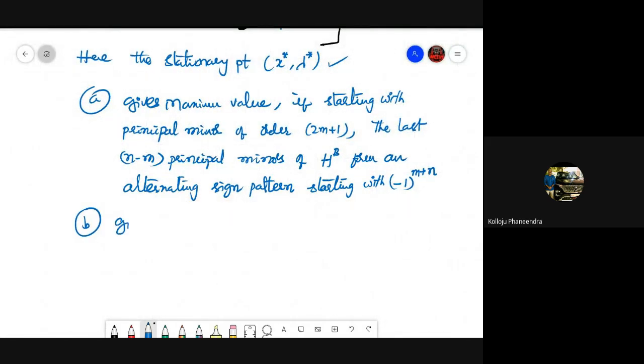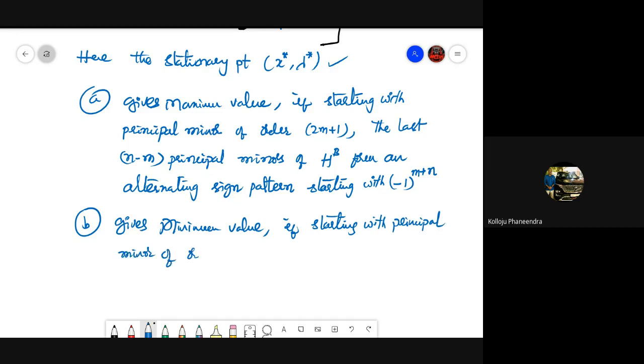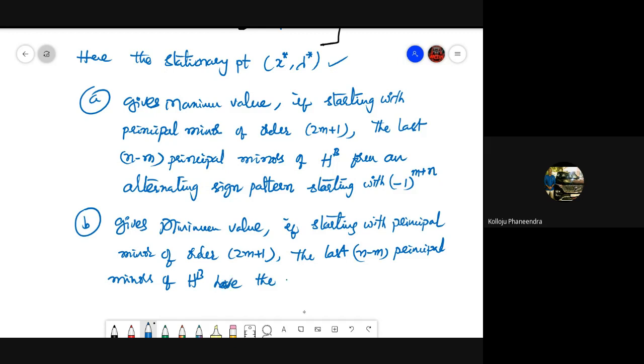And the second point, the stationary point, gives a minimum value if, starting with the principal minor of order 2m plus 1, the last n minus m principal minors of Hb have the sign of minus 1 whole power m.